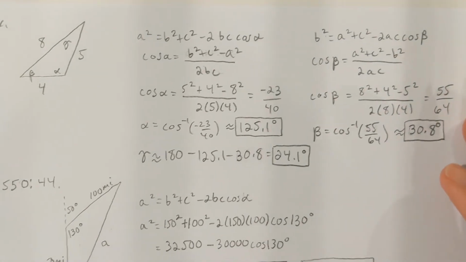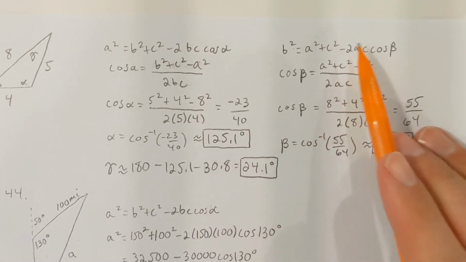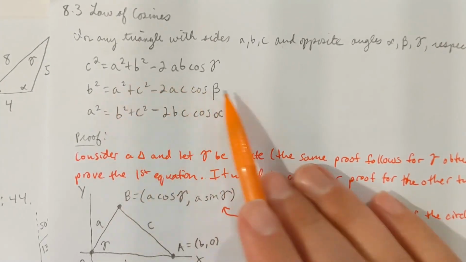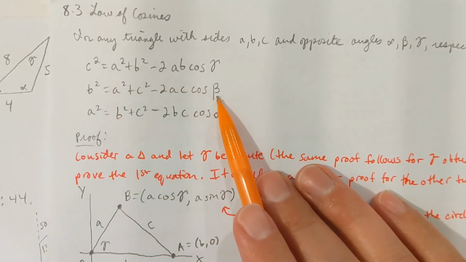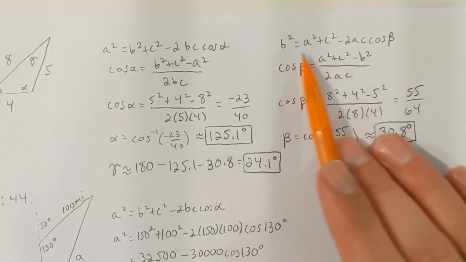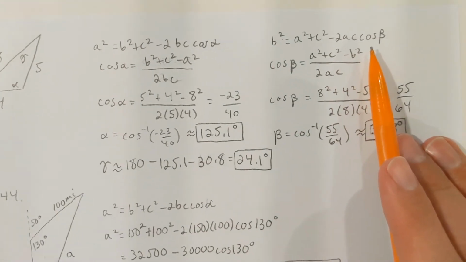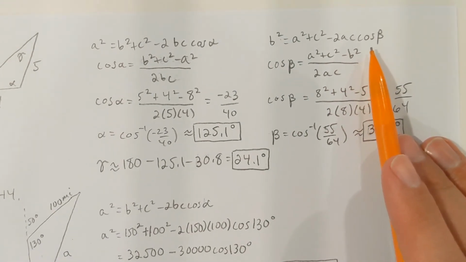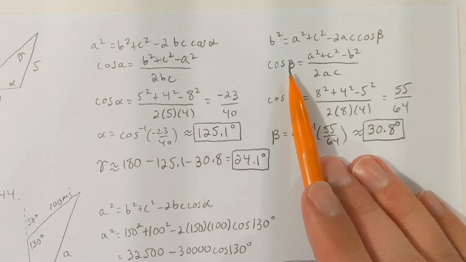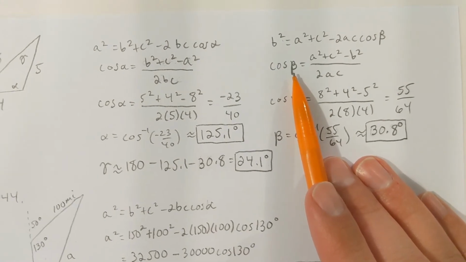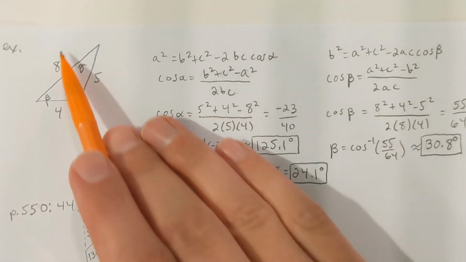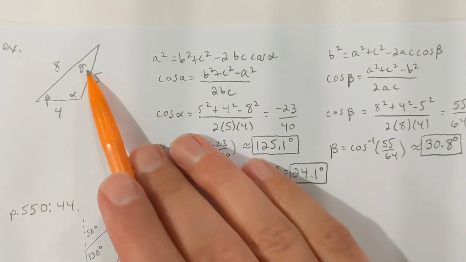To get beta, we can use the law of cosines again, okay, but the one for angle beta here. And so I've got that equation written there again, the law of cosines, and then I've solved for cosine beta. Again, A is 8, B is 5, and C is 4.